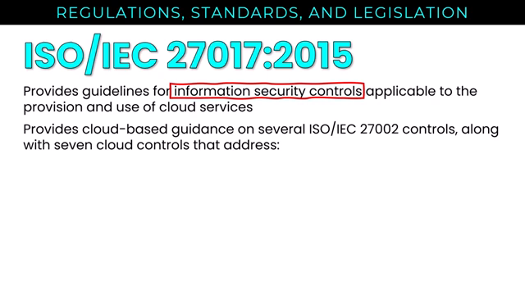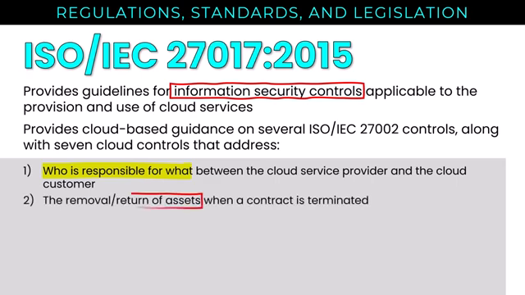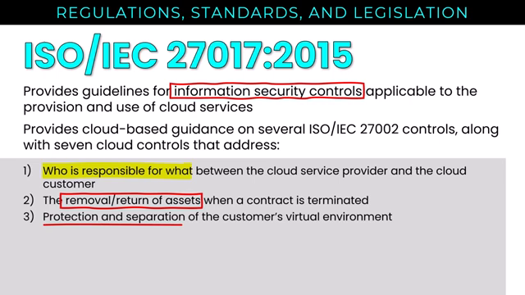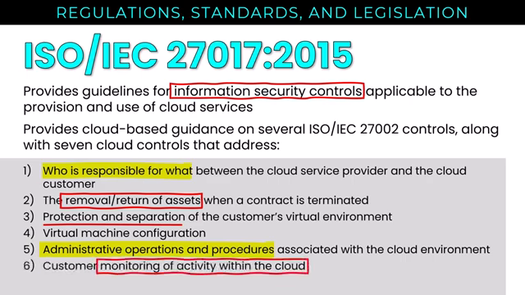It provides cloud-based guidance on several ISO IEC 27002 controls, along with 7 cloud controls that address who is responsible for what between the cloud service provider and the cloud customer, the removal and return of assets when a contract is terminated, protection and separation of the customer's virtual environment, virtual machine configuration, administrative operations and procedures associated with the cloud environment, customer monitoring of activity within the cloud, and virtual and cloud network environment alignment.